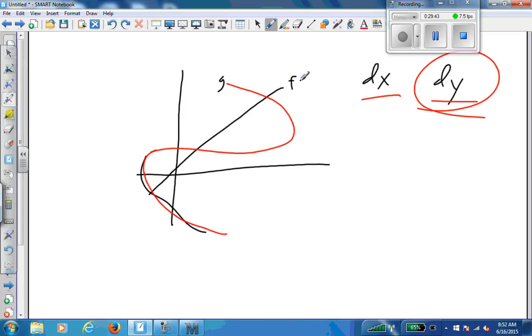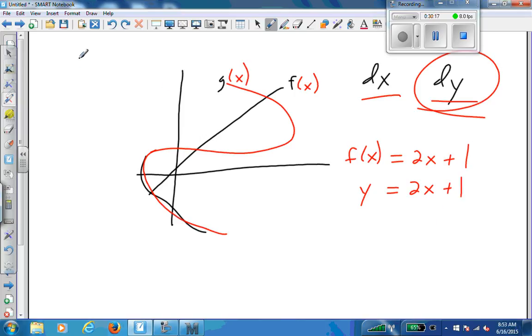So if your functions were given as functions of x, then we would want to take those functions and rewrite them as functions in terms of y. So for example, if we had f of x equals 2y plus 1, let's change that to a function of y. If we want to change that to a function of y, we want to solve it for x.